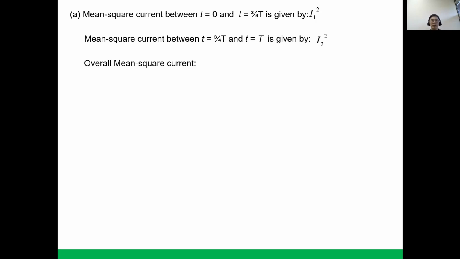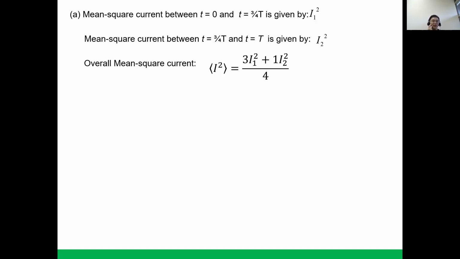If you look at the time between 0 to 3/4 period, the square of the current should be I1 square. And from 3/4 onwards to the final period T, it is I2 square.